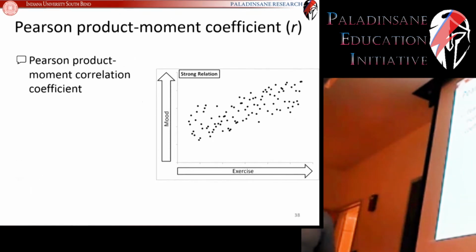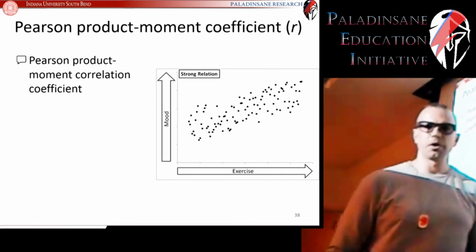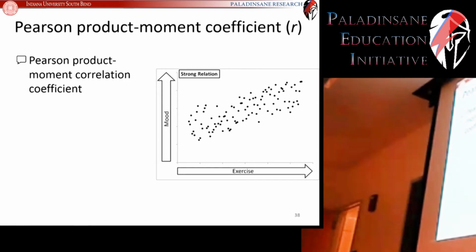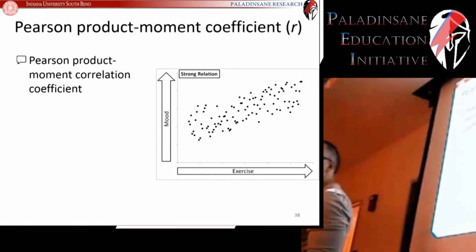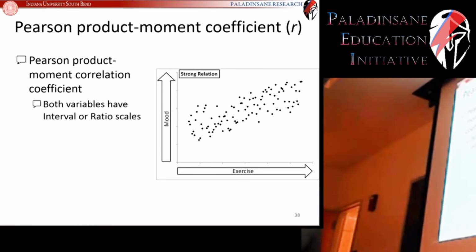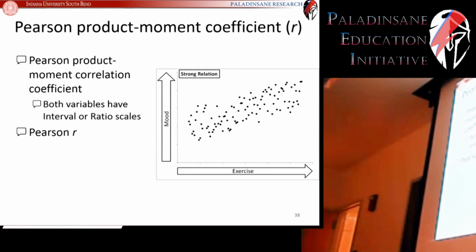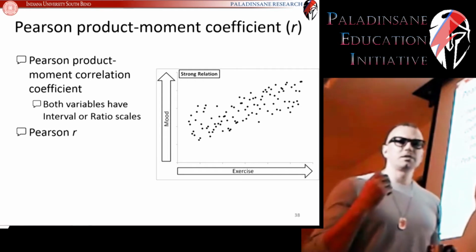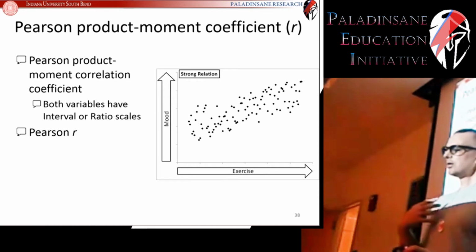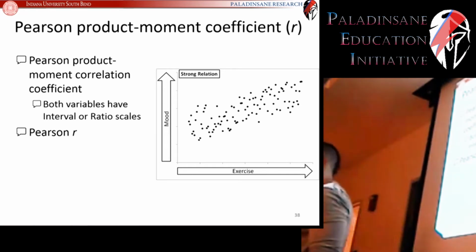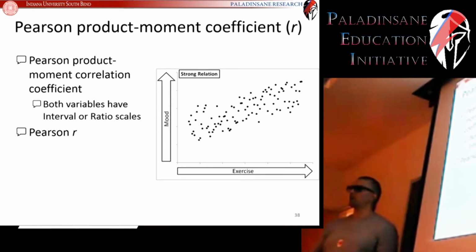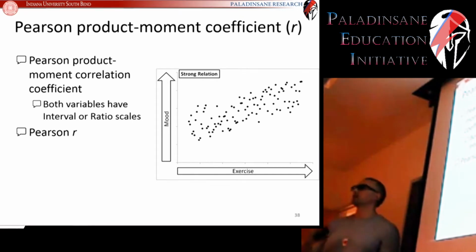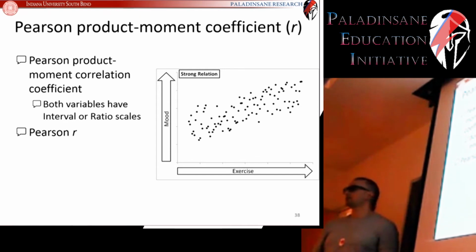So why are we introducing an actual number for these relations rather than just relying on strong, weak, moderate correlations? Well, the reason that we're introducing this Pearson R number here is because when you're talking about strength of a relationship, you cannot help but bring into that judgment your own personal biases.